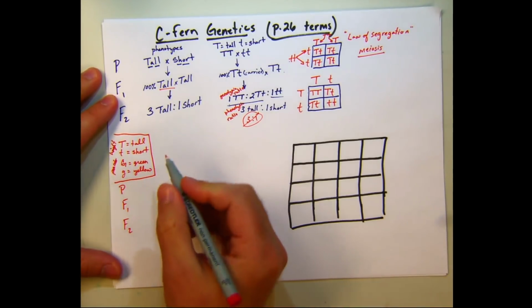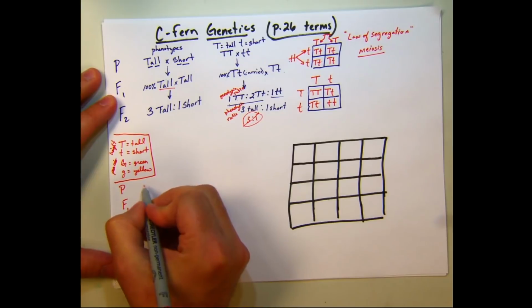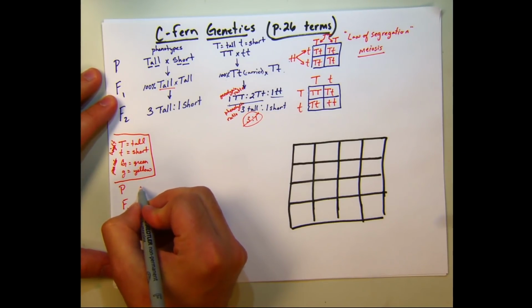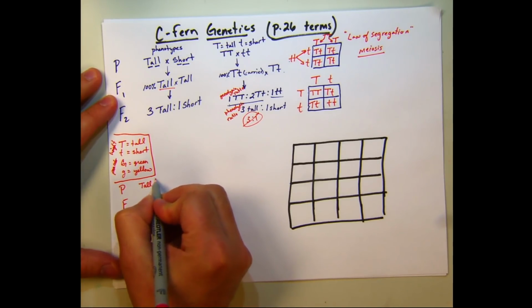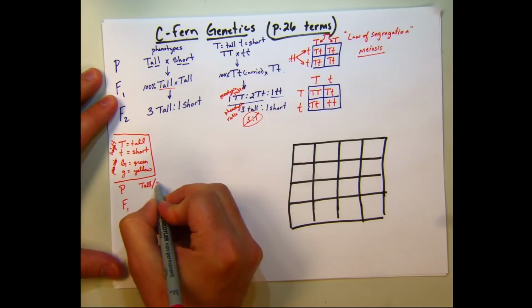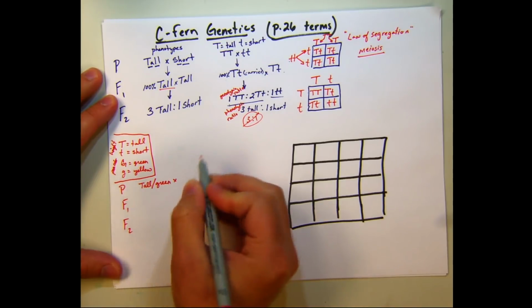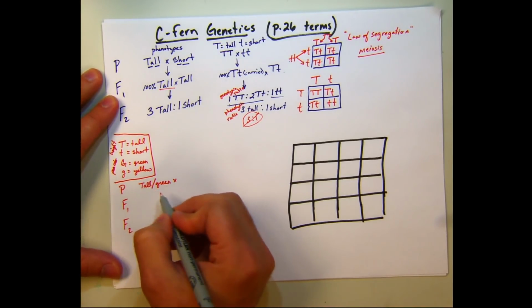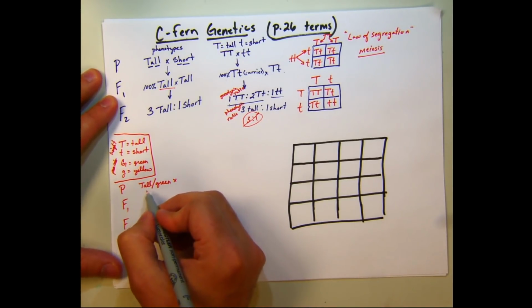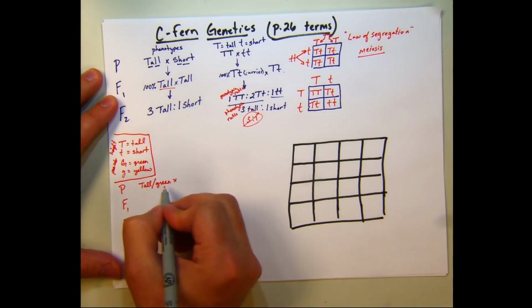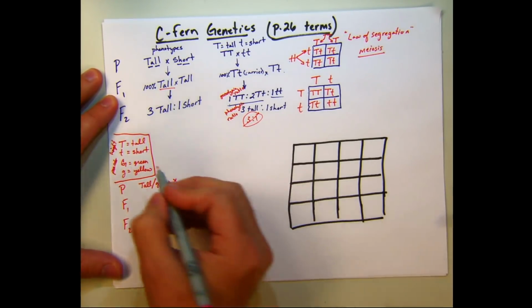He took a tall plant that produced all green peas, right? And he crossed those together again and again until that plant only produced tall green offspring.